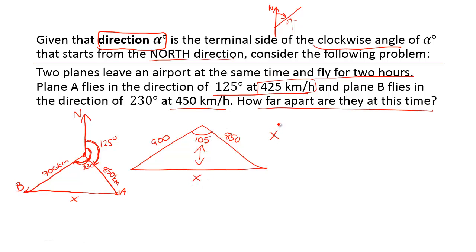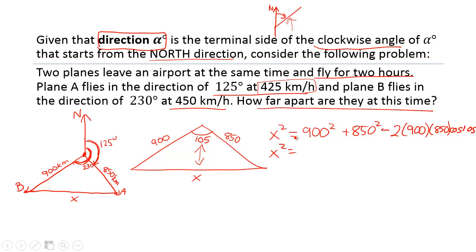So remember, x squared is equal to the side squares, 900 squared plus 850 squared, just like the Pythagorean theorem, but you're taking away twice the 900 times the 850 times the cosine of 105.